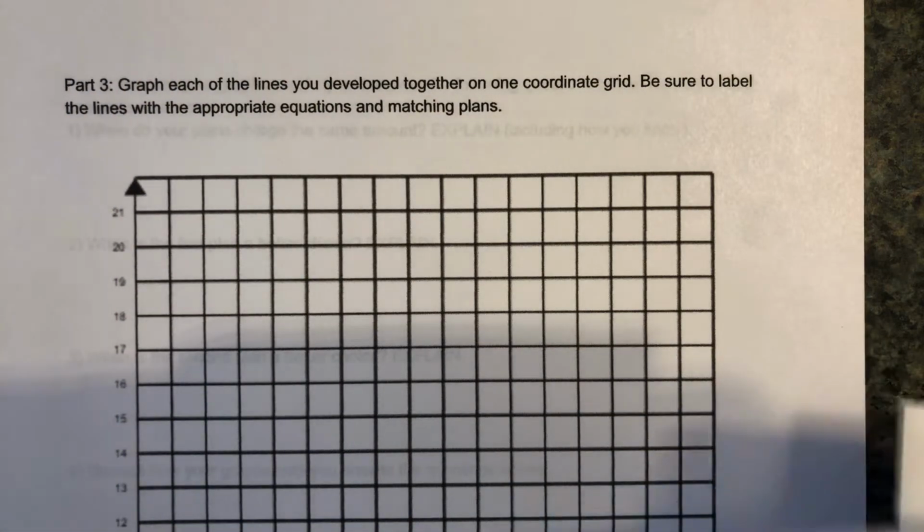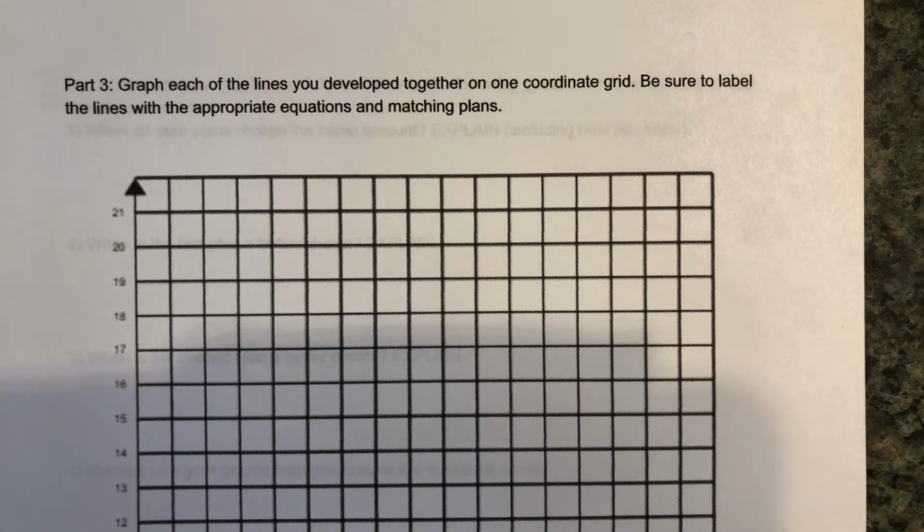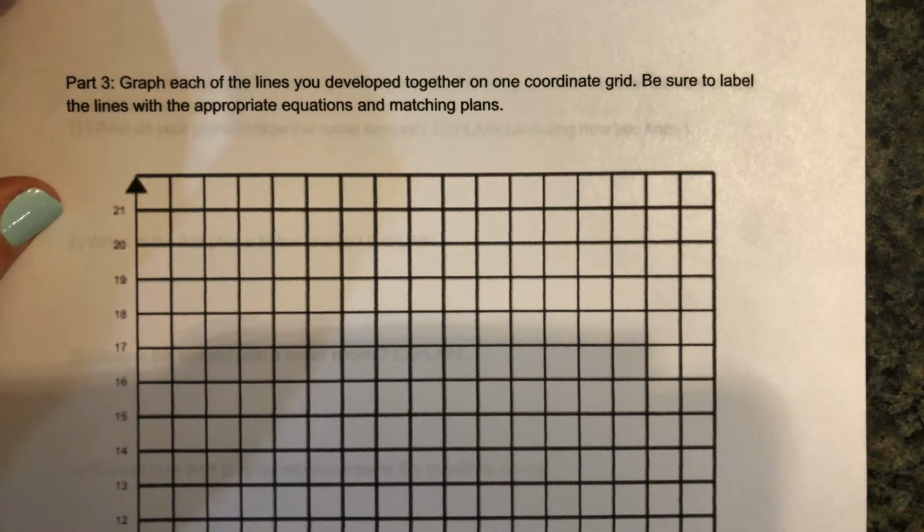So in part 3, what we're going to focus on now is you have to graph each of the lines you developed together on one coordinate grid, and be sure to label the lines with the appropriate equations and matching plans. If you use the work that came in the mail, it does not come, as far as we know, with a graph.